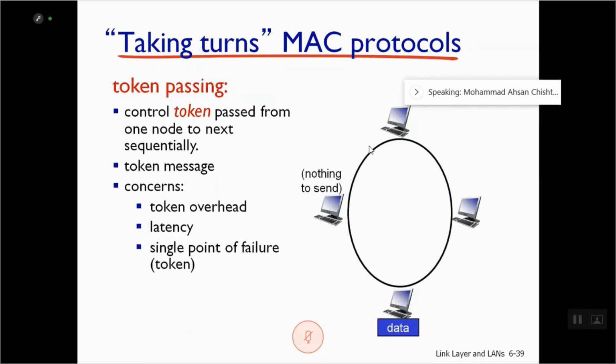The first one has nothing to send. You can see here T. This T denotes a token. It is a small special purpose frame known as a token, which is exchanged among the nodes in a fixed order.